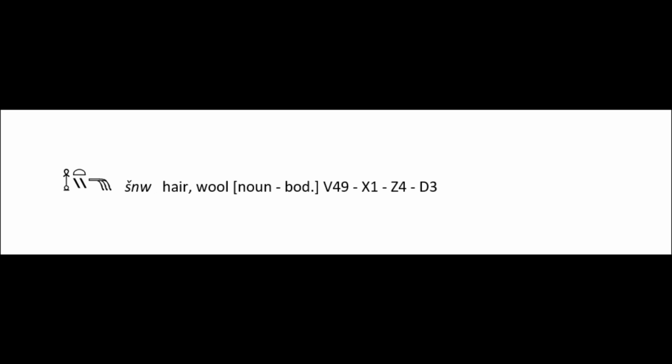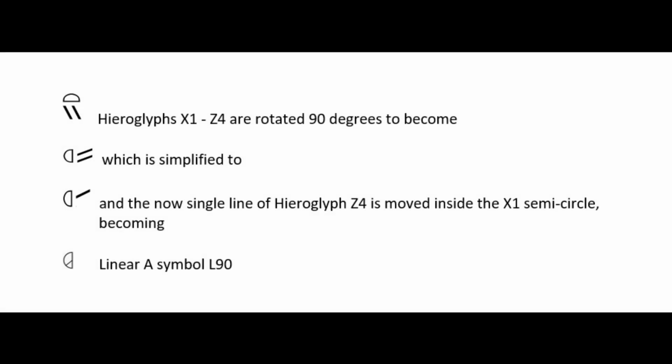Here, with the first and last hieroglyphs used, we are left with the hieroglyphs in the middle. So hieroglyphs X1, Z4 are rotated by 90 degrees. This is then simplified, and a single line of hieroglyph Z4 is moved inside the X1 semicircle, becoming Linear A symbol L90.